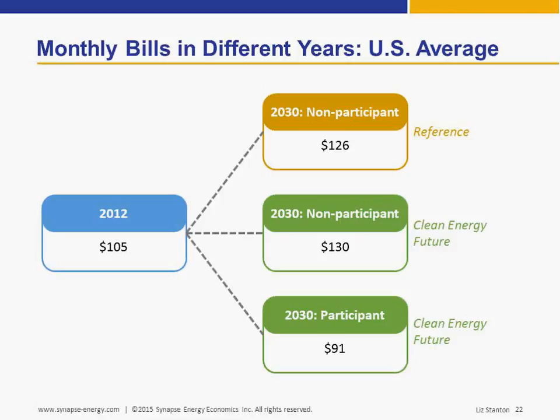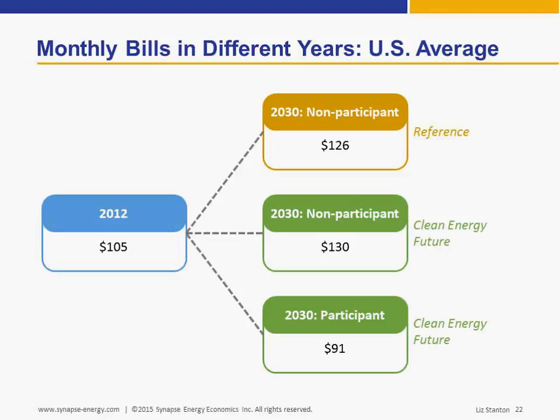In the Clean Energy Future, the two green boxes, if you're not participating in energy efficiency programs, the bill goes up to $130. If you are participating in energy efficiency programs, then the bill goes down to $91.